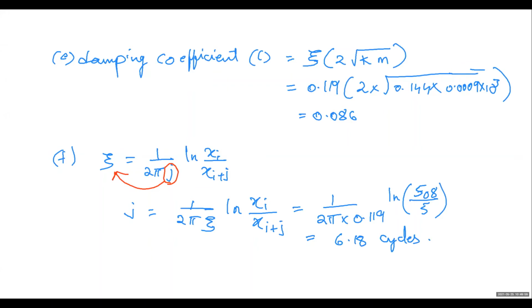These are the values. So it requires 6.18 cycles, so that it will come to 5 mm of maximum displacement. So we have calculated this.